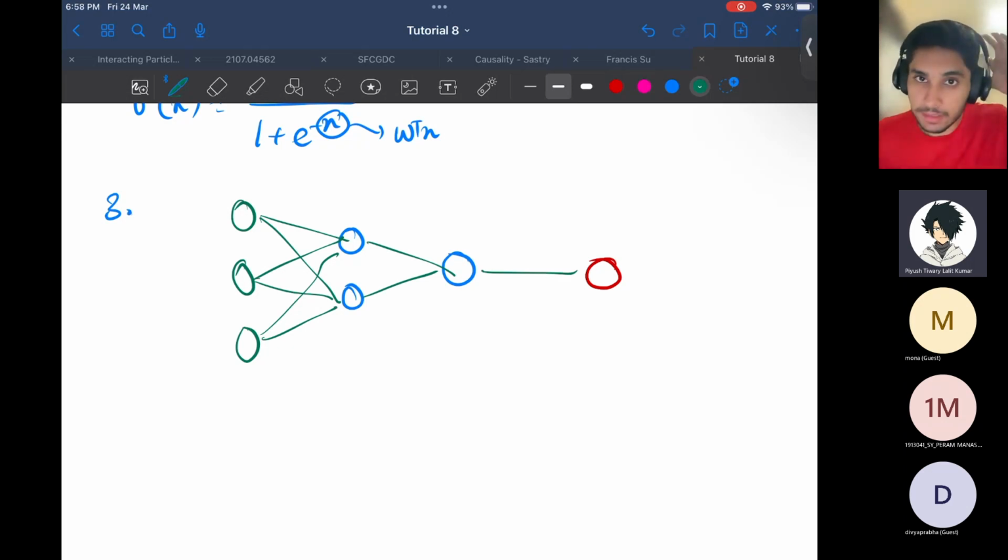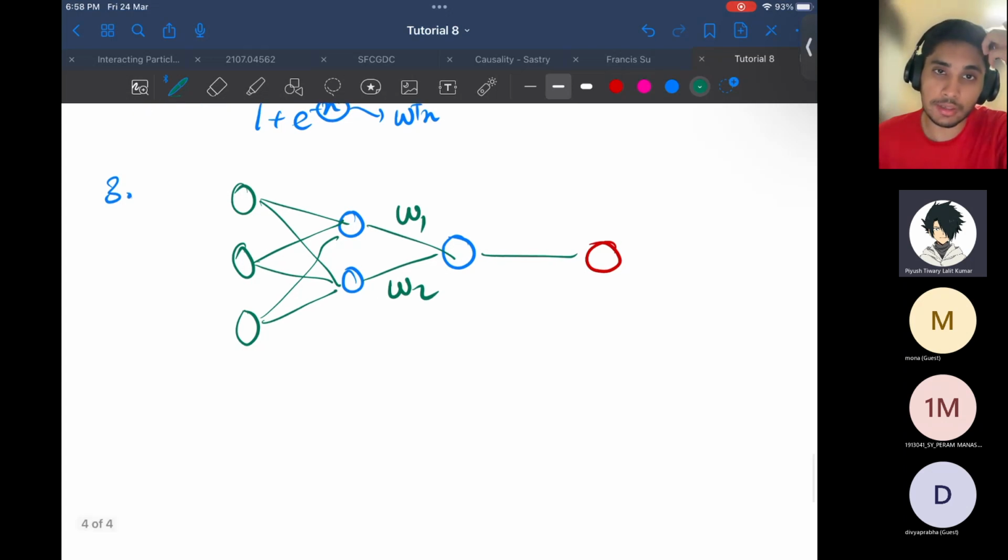Now, the edges from hidden layer 1 to hidden layer 2 are W1 and W2. Which of the following are possible values of gradient of W1 and gradient of W2, given that sigmoid is being used as the activation function?